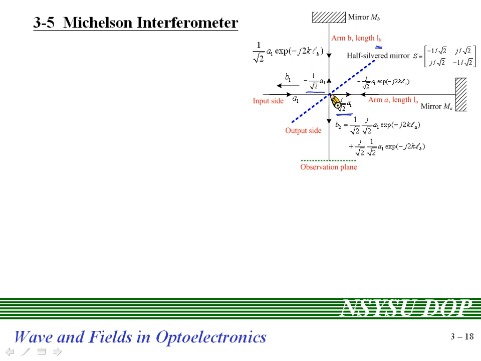Okay, so this is LB, and going there and coming back will have 2LB length difference. According to what we have said, we can write down the expression for the output power or output amplitude at port 2, because we have set the observation plane at port 2 here. And our purpose is to find out the total scattering matrix of the whole system.